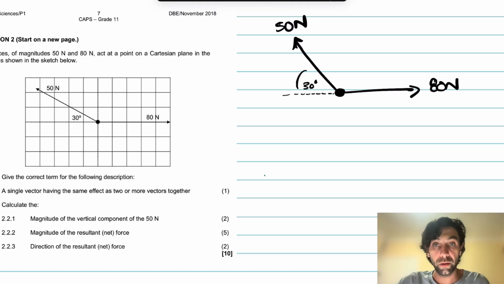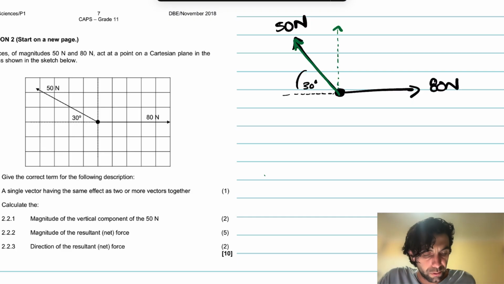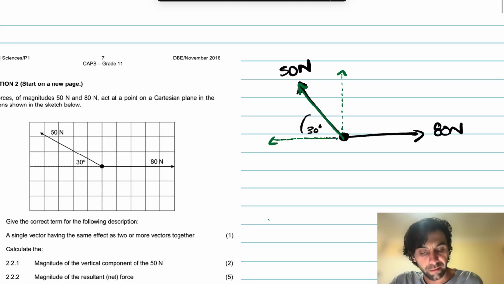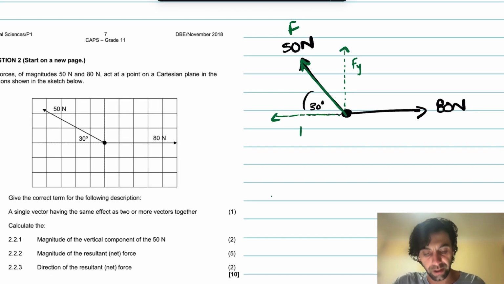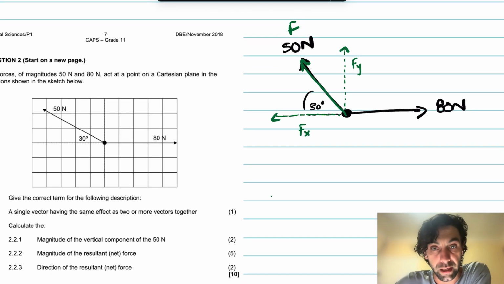What we're going to want to do is take this 50 Newton force and resolve it into its two component vectors. We can call this force F, in which case we'll call this one Fy, which is the vertical component, and we can call this one Fx, which is the horizontal component.